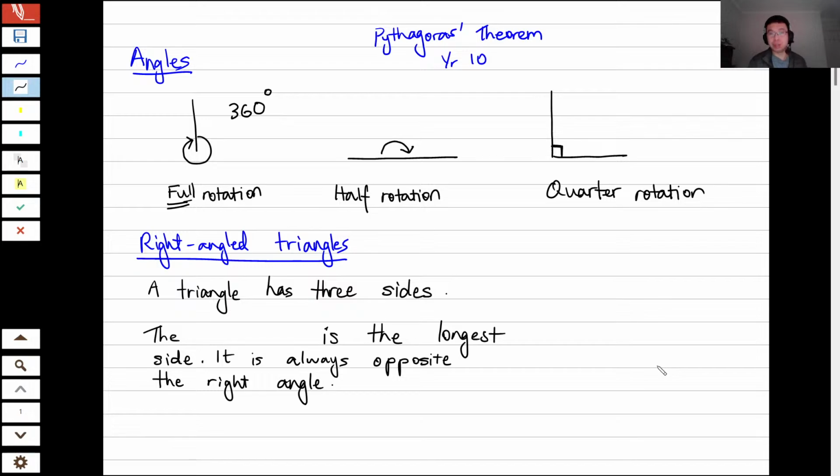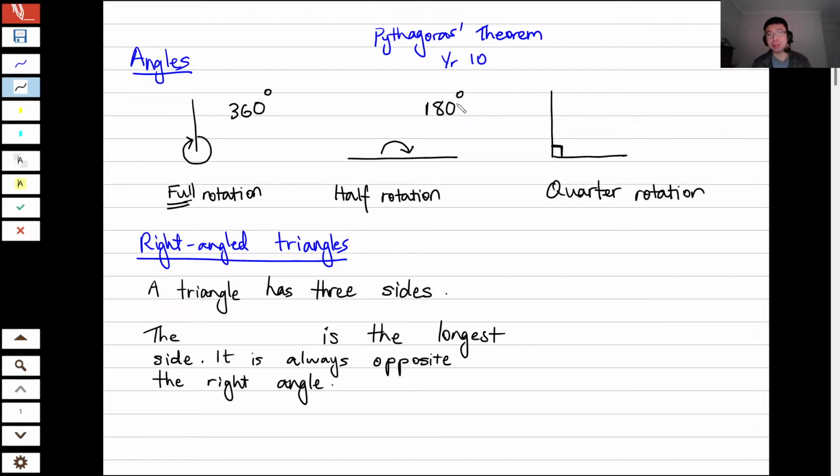Degree is just a unit of rotation. If I only do half a rotation, which would mean I'm facing backwards from where I started, that would be half of 360 degrees, giving me 180 degrees.